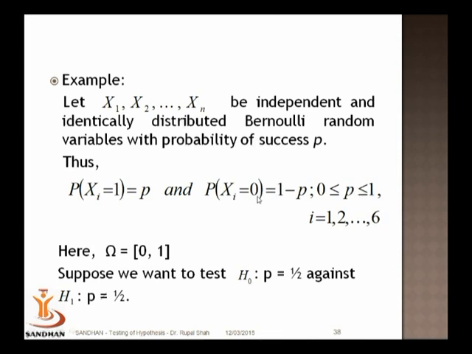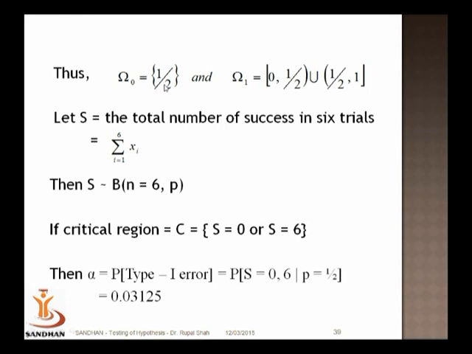The probability that the trial results in a success, that is 1, is p, and the probability that the trial results in a failure is 1 minus p, and we want inference regarding p. So p being the probability of success, its value lies between 0 and 1, so our parameter space is 0 to 1. Suppose we want to test the hypothesis that the probability of success is half, against it is not equal to half. That means our parameter space under null is half, and this is the parameter space under alternative.